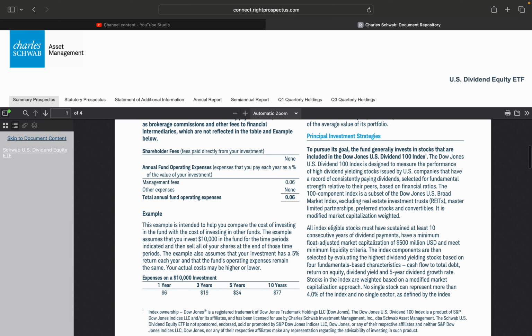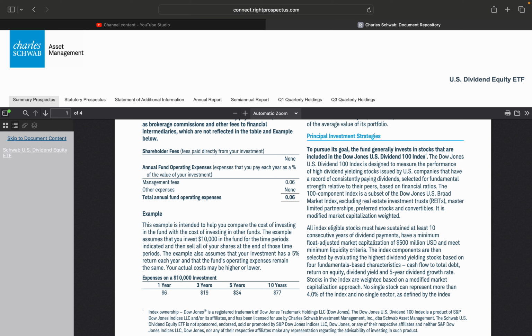All right. To pursue its goal, the fund generally invests in stocks that are included in the Dow Jones U.S. Dividend 100 index. The Dow Jones U.S. Dividend 100 index is designed to measure the performance of high dividend yielding stocks issued by U.S. companies that have a record of consistently paying dividends, selected for fundamental strength relative to their peers, based on financial ratios.